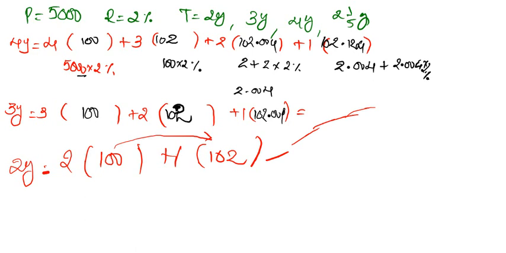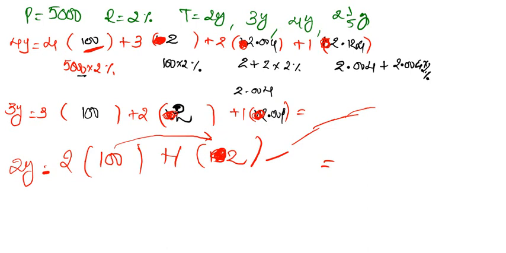I think this is wrong. This is 100 correct, and this is 2 only. So this is how we calculate for 2 years. Similarly for 2.5 years.